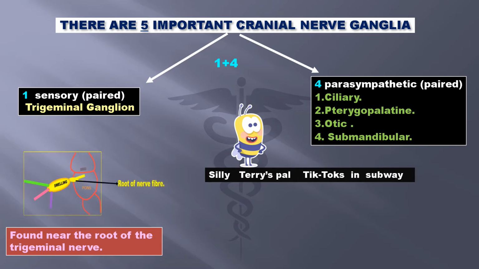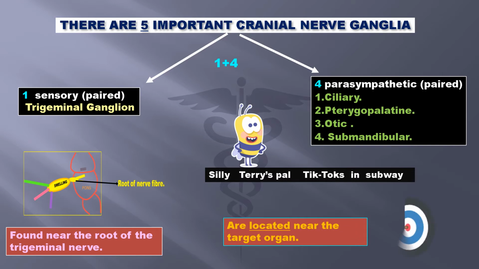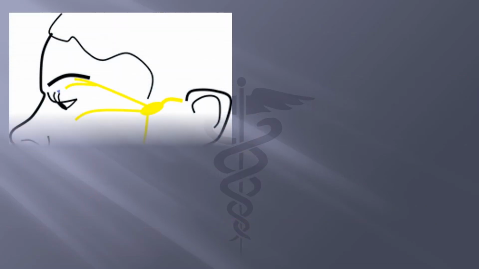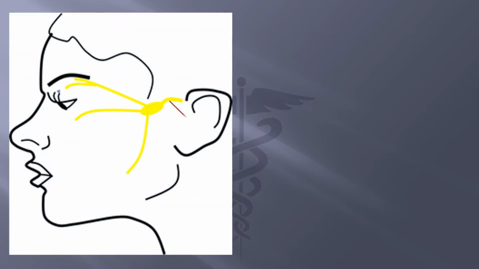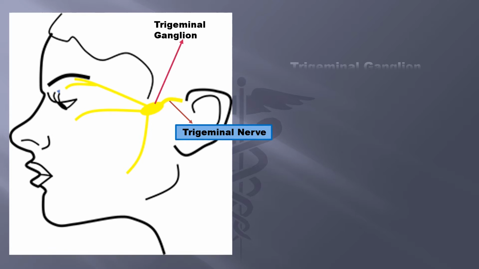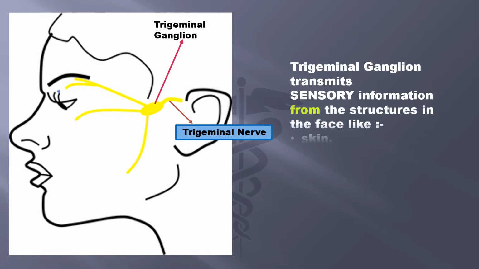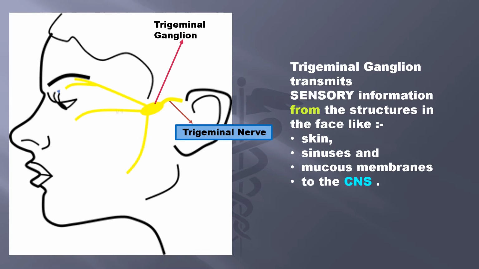The trigeminal ganglion is found near the root of the trigeminal nerve, but parasympathetic ganglia are located near the target organ. In this picture here is the trigeminal nerve and its ganglion. The trigeminal ganglion transmits sensory information from the structures in the face like skin, sinuses, and mucous membranes to the central nervous system.